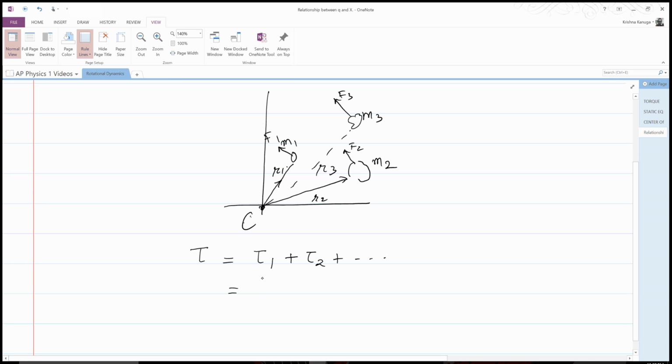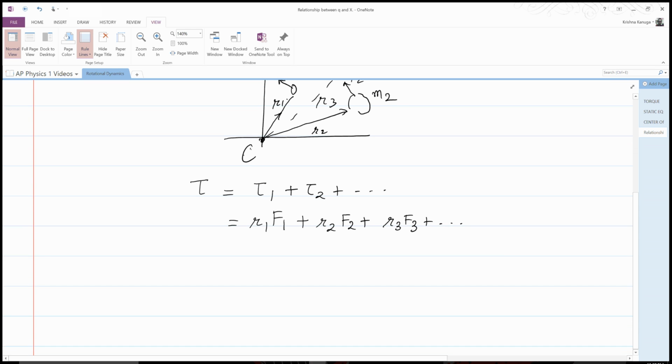Each of these individual torques can be written as r1 times F1 times sine of 90, but sine of 90 is 1, so I'm just going to leave that out. Then we have r2 times F2 plus r3 times F3, and so on.